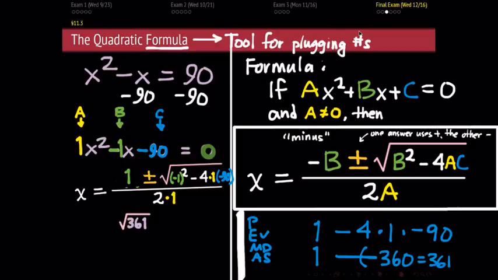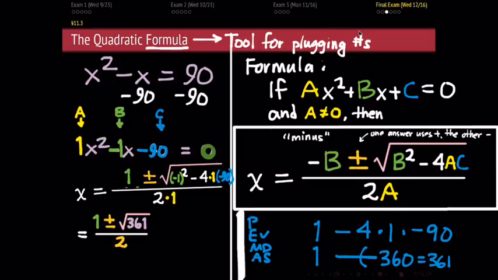We have a 1, we have this plus or minus, and then on the denominator, we might as well simplify that denominator. 2 times 1, that's 2. All right, so we simplified everything under the radical that we can simplify. We got a nice number, 361. Now, before we worry about the plus and minus, let's finish the square root.